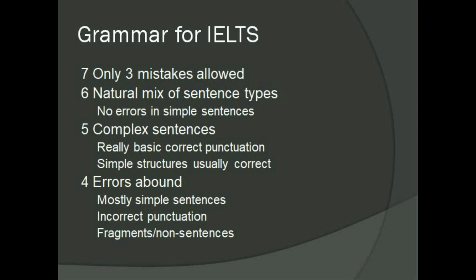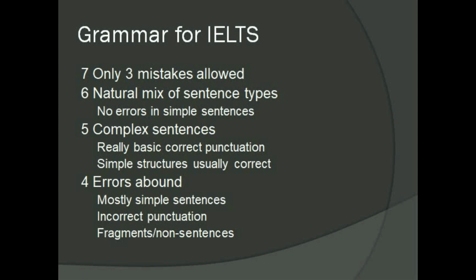Moving up to a band 6, what you'll see is there's more of a natural mix of sentence types. If you look at a native speaker's writing, you'll see it will go simple, complex, complex, compound, simple, compound, complex. So there's this natural mix. It brings a lot of rhythm into our language.